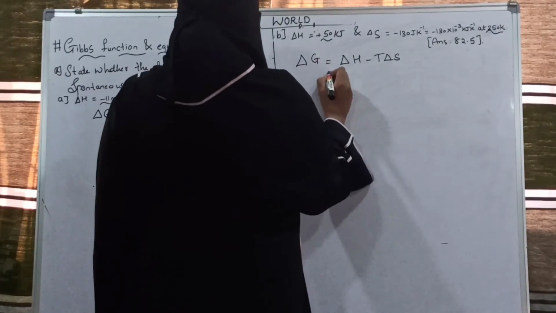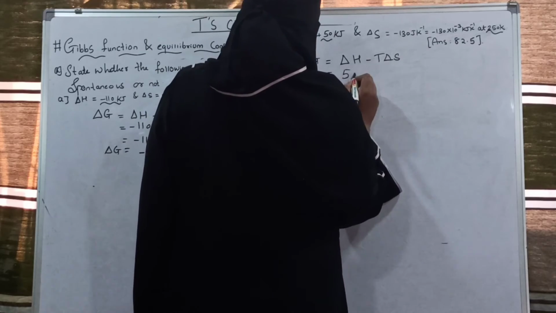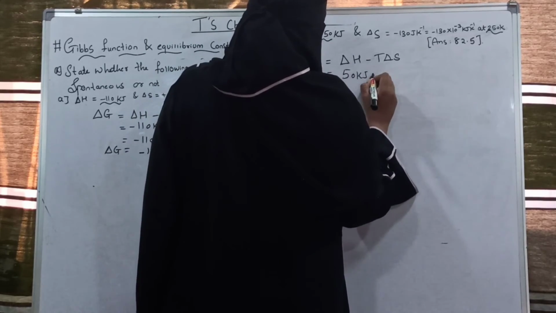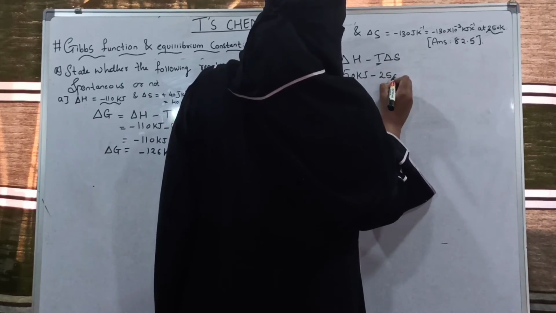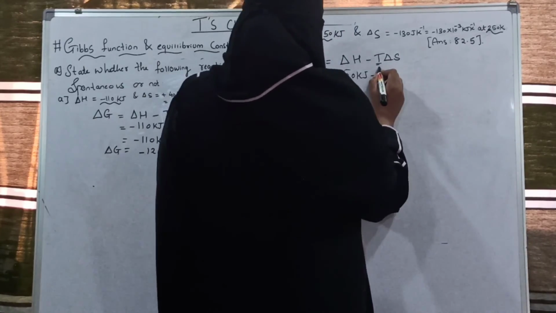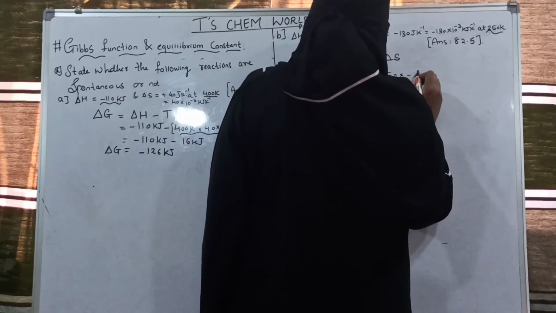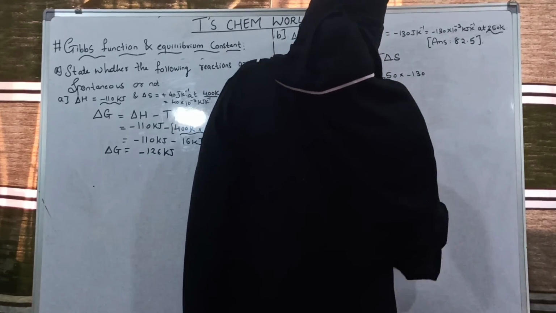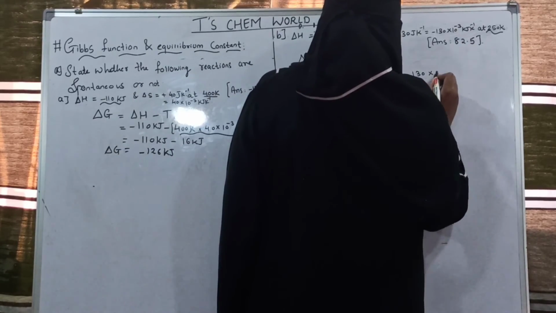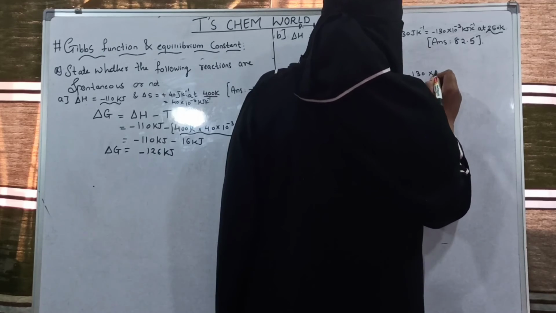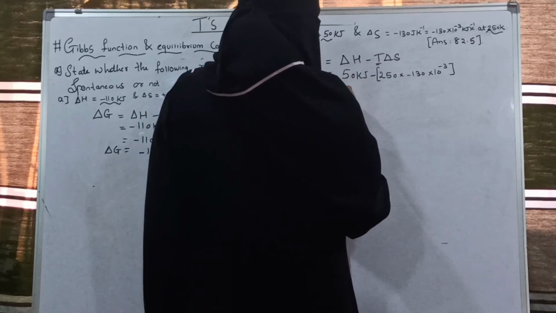The value of delta H is 50 kilojoule minus the value of T, which is 250, into delta S, which is minus 130 into 10 raised to power minus 3.